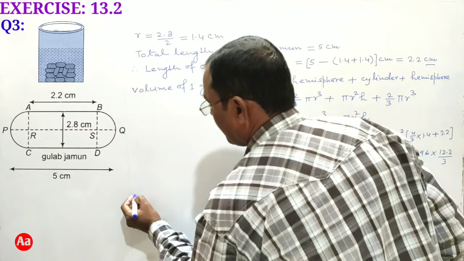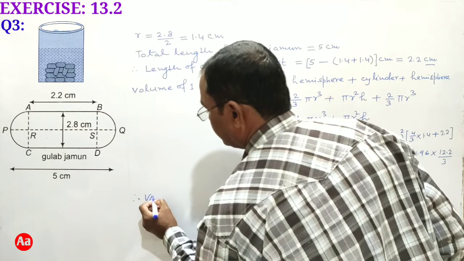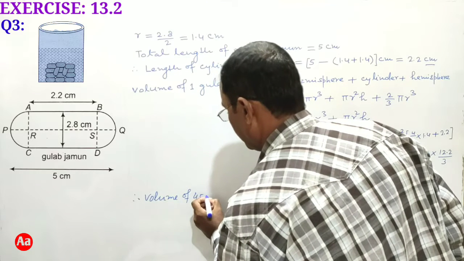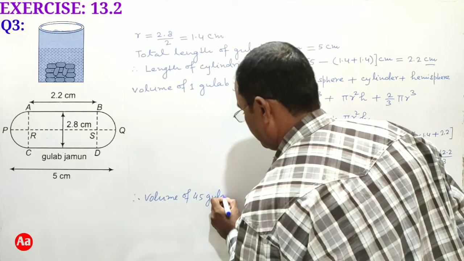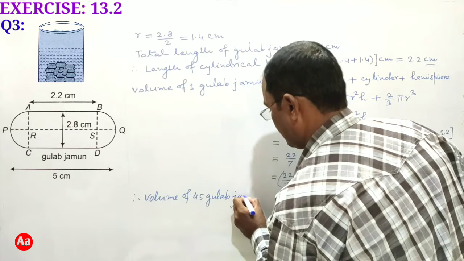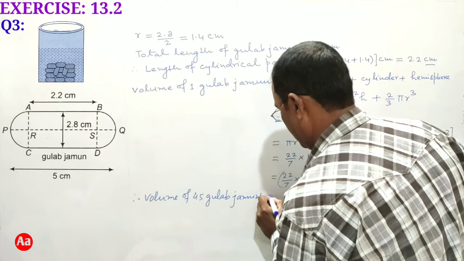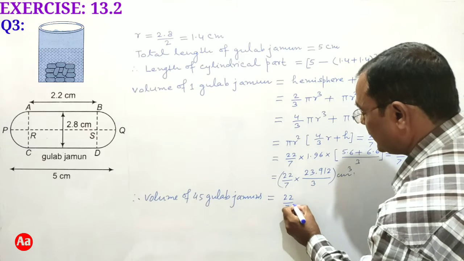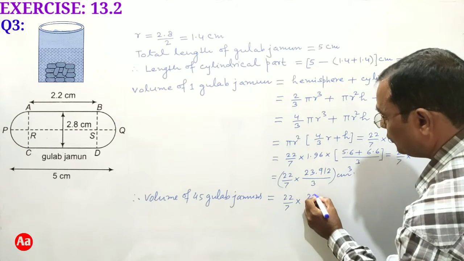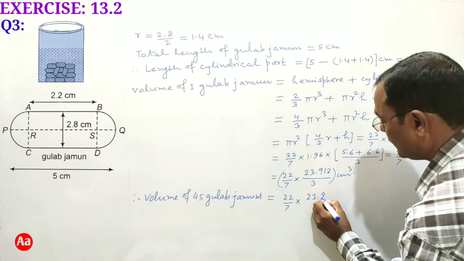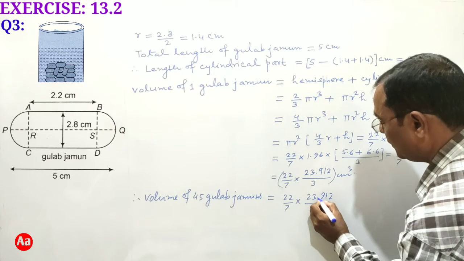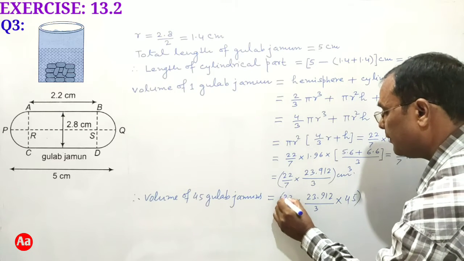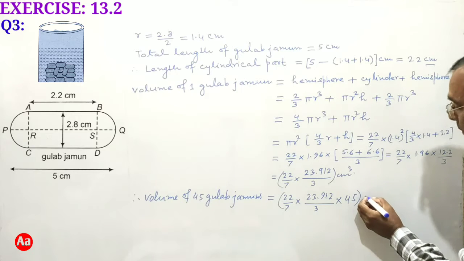Therefore volume of 45 gulab jamuns equal to 22 by 7 into 23.912 by 3 into 45 centimeter cube.